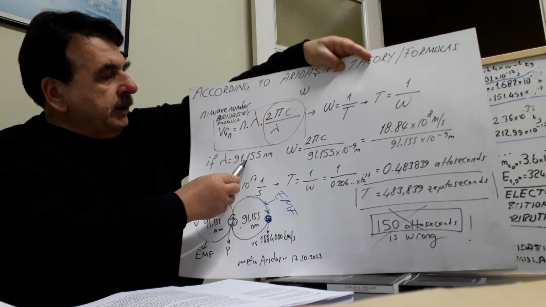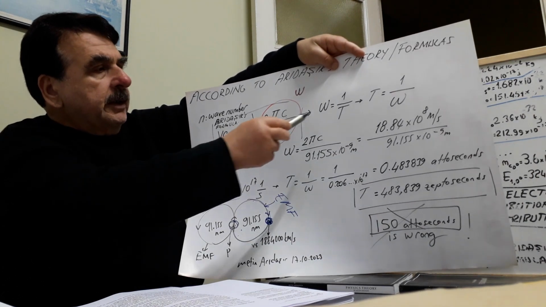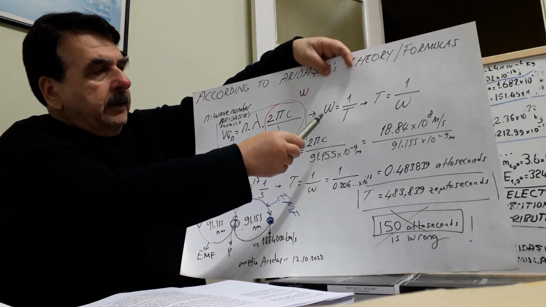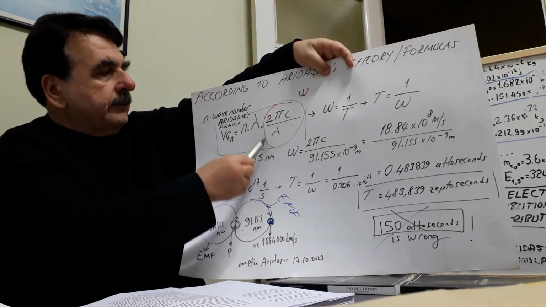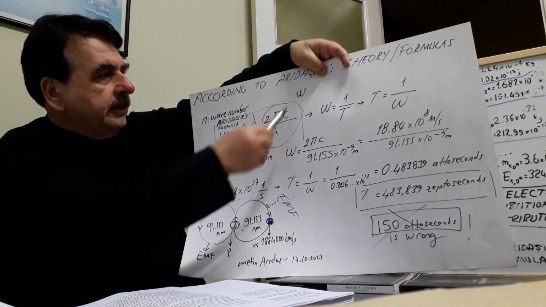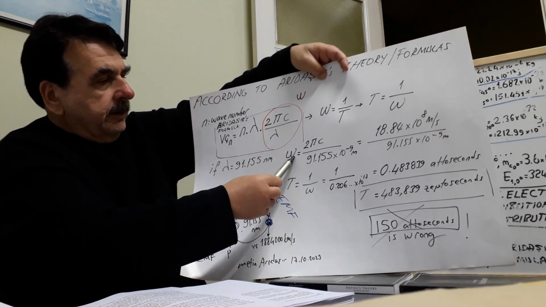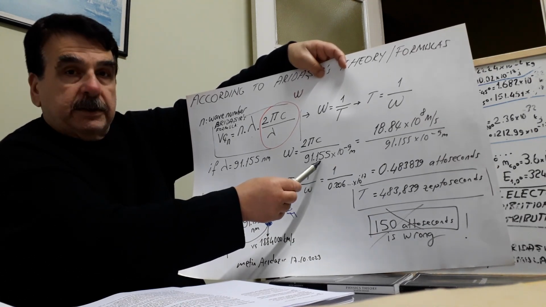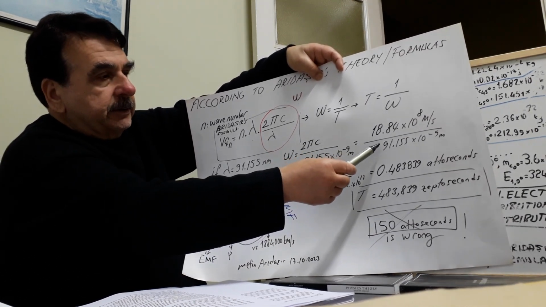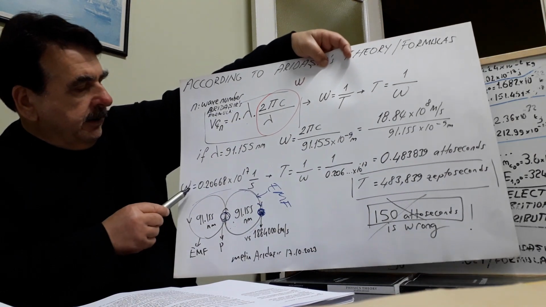Lambda is 91.155. This is angular frequency. Then 2 pi c divided by 91.155 equals what?